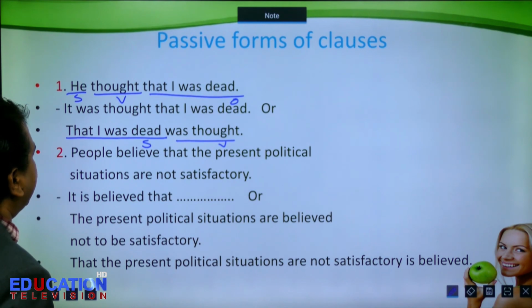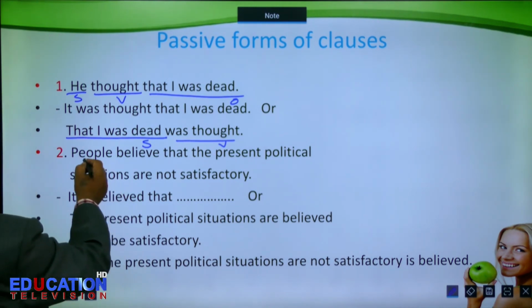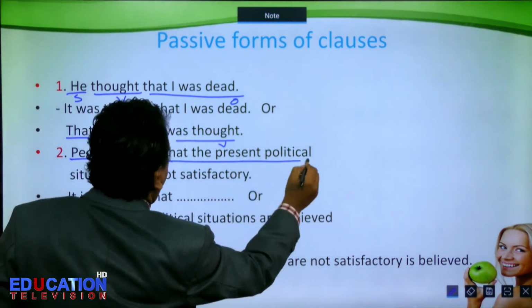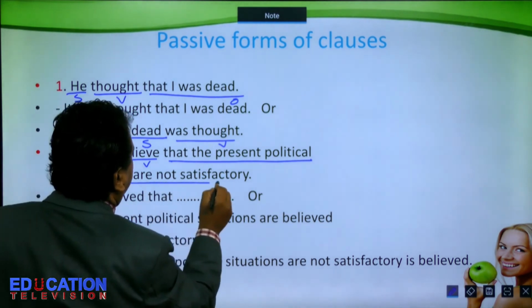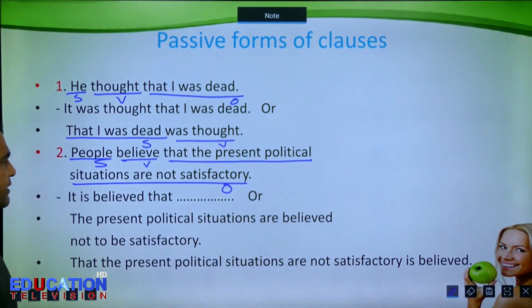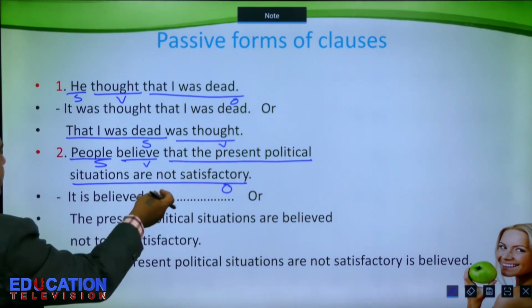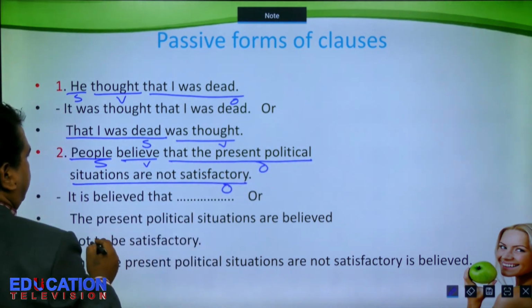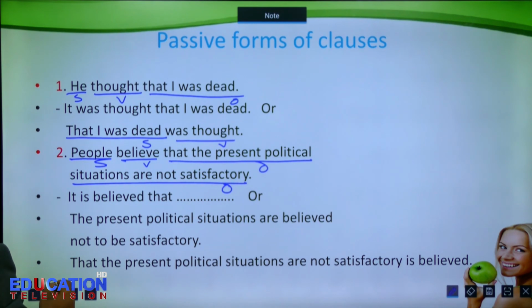People believe that the present political situations are not satisfactory. People, subject, believe, verb, that the present political situations are not satisfactory, this is object. So bring the entire object here. The present political situations are believed not to be satisfactory.